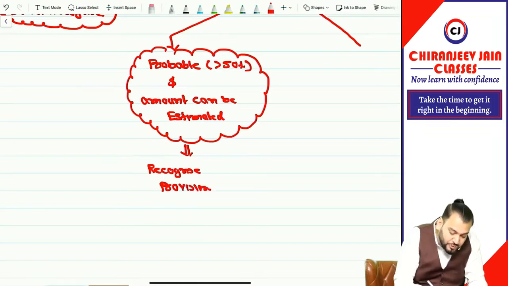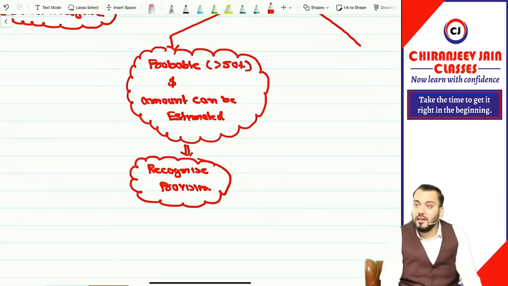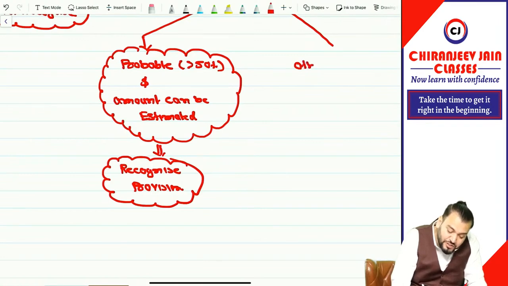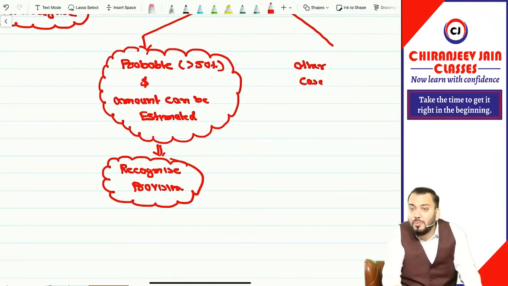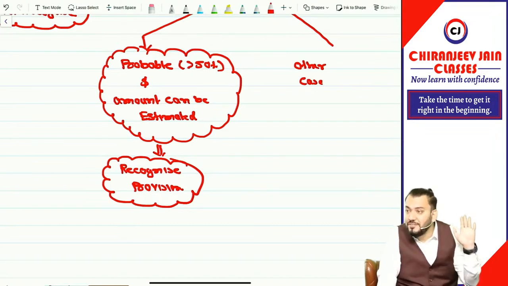Have you understood this point? Correct. Or in other cases, when I am saying other cases, it means what? Either the outcome is not probable, or the amount cannot be estimated, or both conditions are not satisfied.